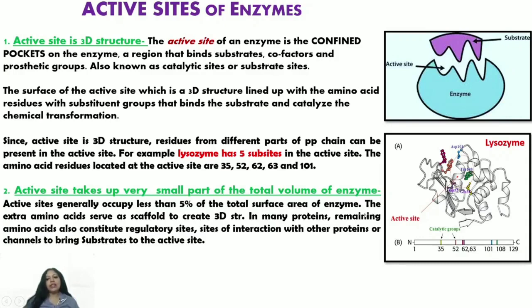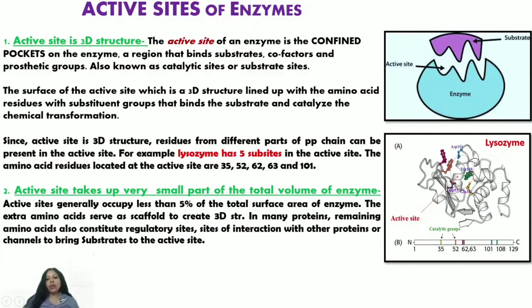enzyme? The answer is that the extra amino acids serve as a scaffold or support to create the three-dimensional structure. The three-dimensional structure is not possible by taking just 1, 2, 3 or 1, 2, 3, 4 amino acids.